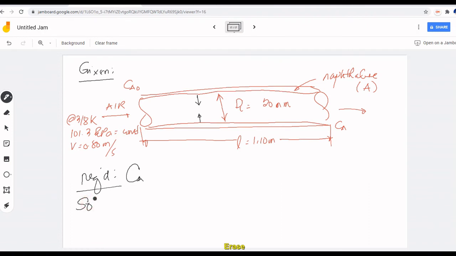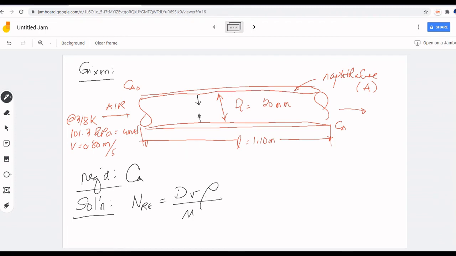Now, based on what we have discussed, we need to first know the type of flow that is stipulated in the problem. For us to know whether the flow is laminar or turbulent, there's a need for us to determine the Reynolds number. Our Reynolds number is diameter times the velocity times the density over the mu.